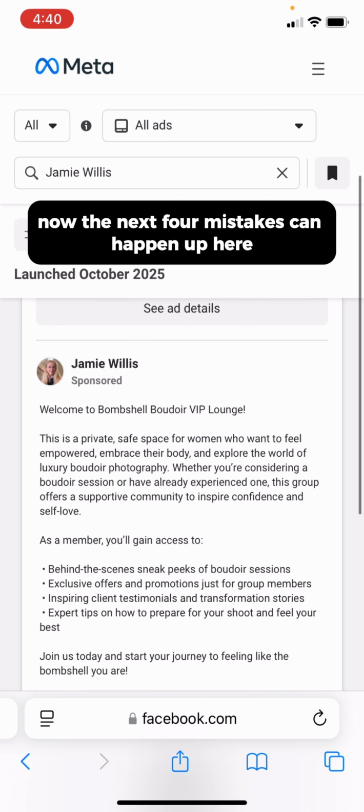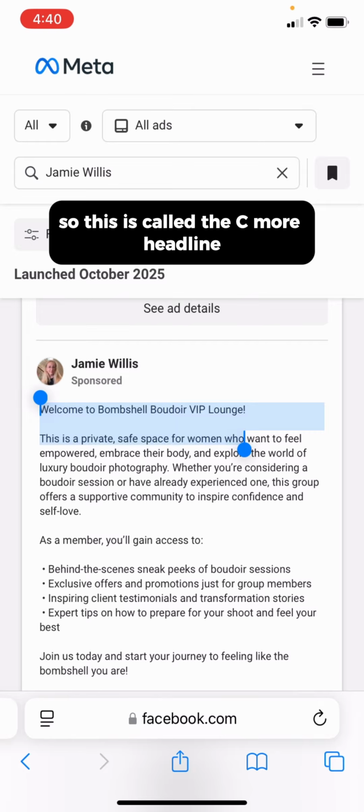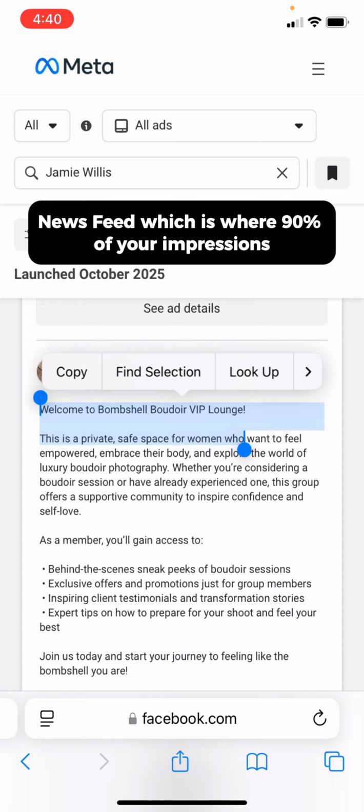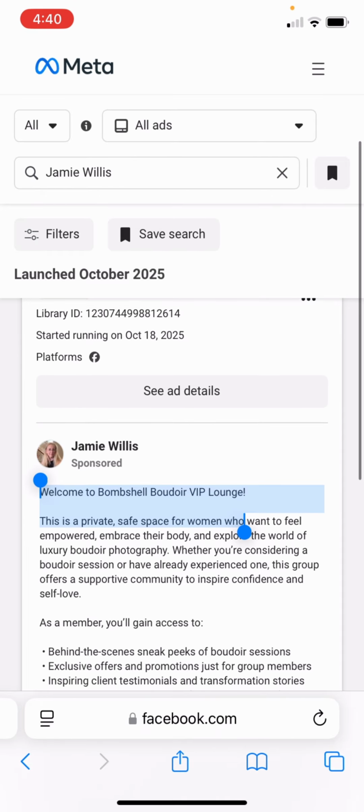All right, now the next four mistakes can happen up here. This is called the See More headline. This is the first 2 3/4 lines on mobile newsfeed, which is where 90% of your impressions will actually take place.